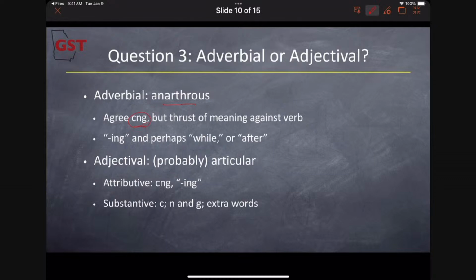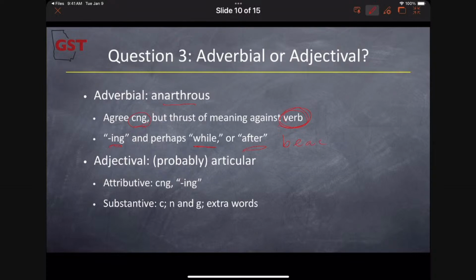But the thrust of the meaning is against the verb. You always have to find the main verb, especially if it's adverbial. And we typically would translate that participle with an -ing ending, and would generally use helping words like while or after or because, and several others. I'm going to show you a few anyway, okay?